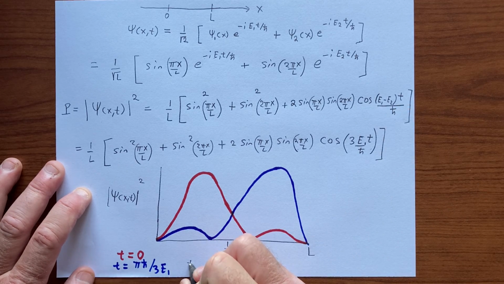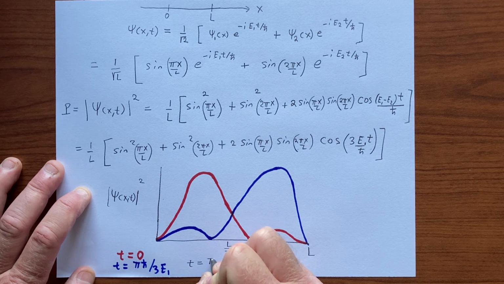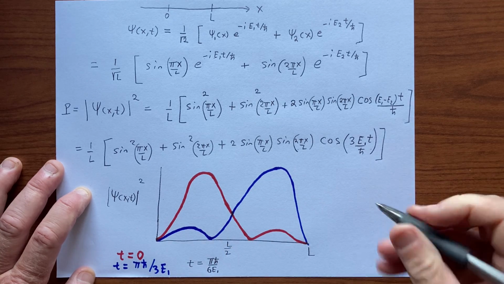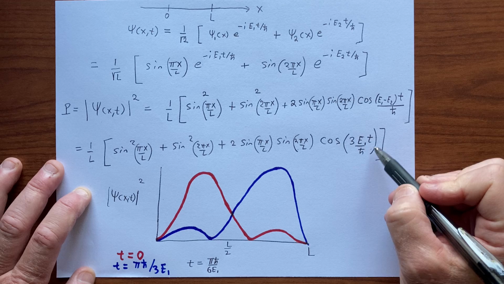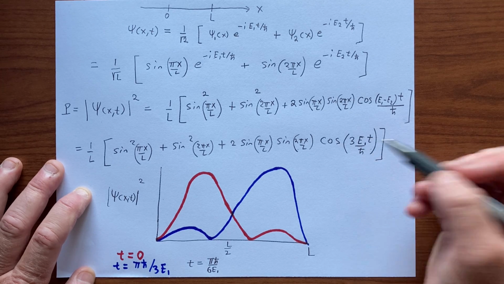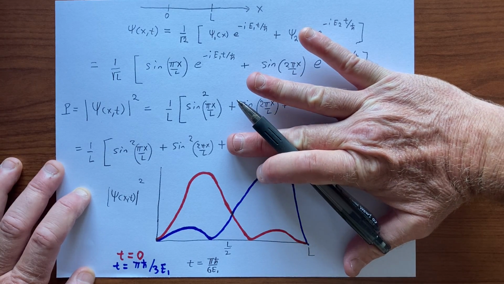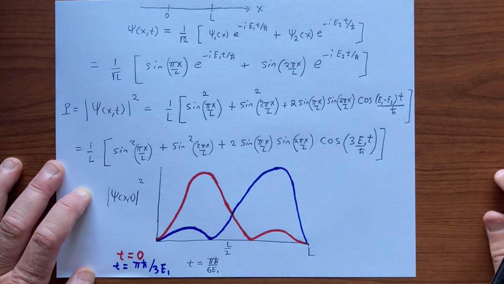And then there is a time, let's just do it by pencil, there is a time in between these two times where the cosine goes to 0. And that time is pi h bar over 6 E1, because that makes this pi over 2, and the cosine of pi over 2 is 0. And so this whole term disappears, and we just have these two terms.